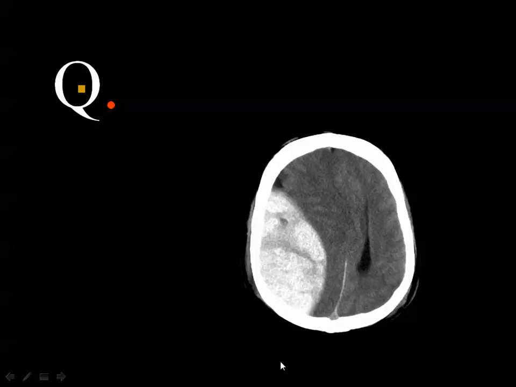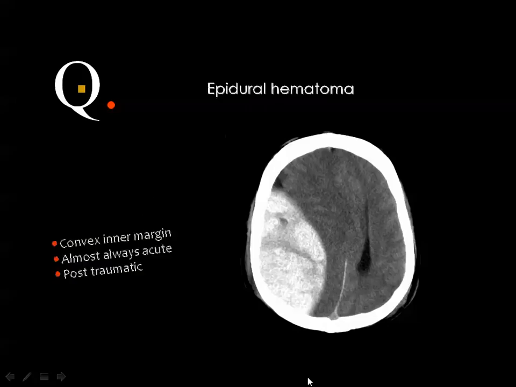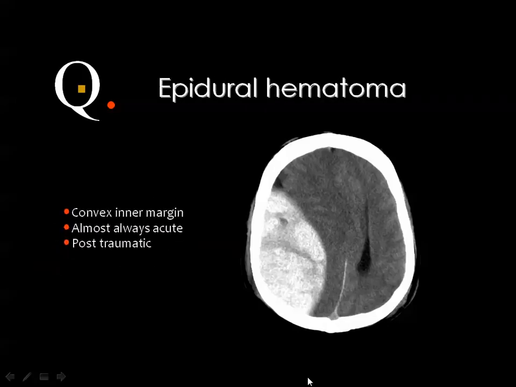And I have said that the blood which is going along the inner border of the inner table, if it has a convex inner margin, then it will be in the epidural space. If it is a concave inner margin, it will be in the subdural space.